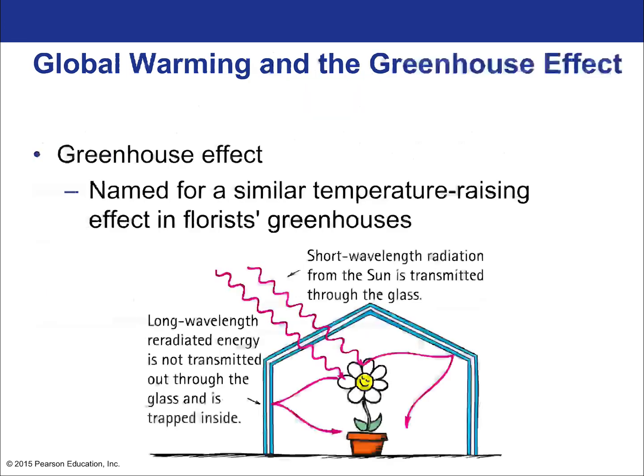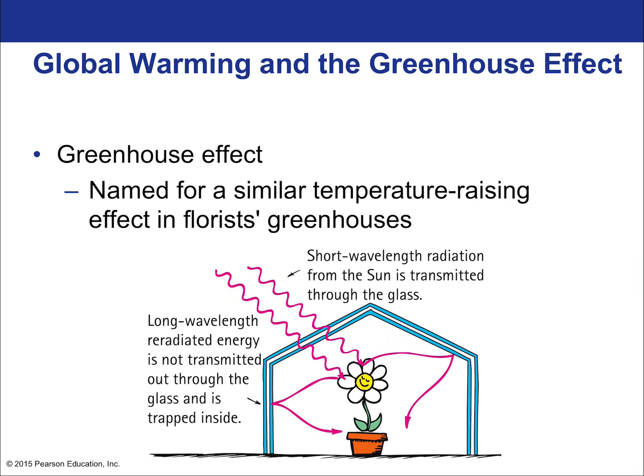Okay, so finally, the greenhouse effect. Well, it's named for its similarity to the temperature-rising effects in a florist's greenhouse. How so? Well, it's actually a pretty neat idea and hopefully a simple one. The idea is glass is transparent, and transparency, by the way, is an emission process. We'll talk about this more in our light chapters. But being transparent to a particular wavelength of light means that wavelength of light can pass through the material.